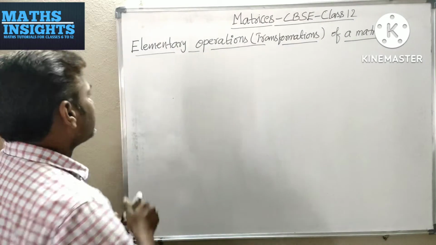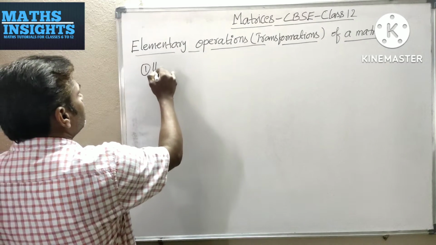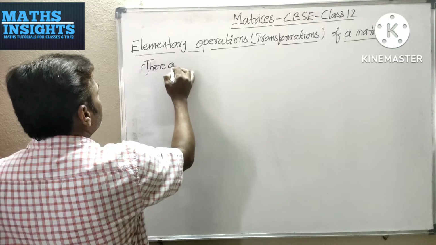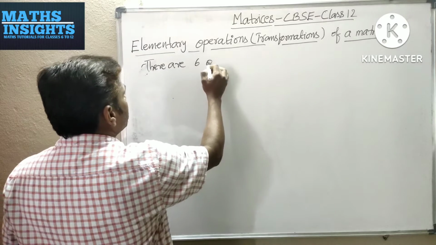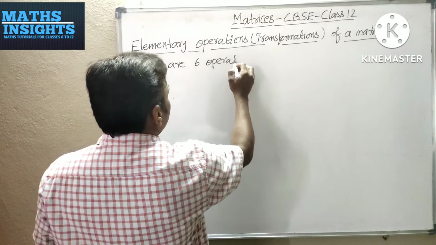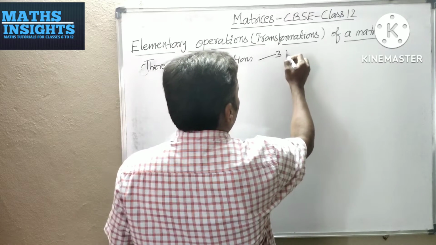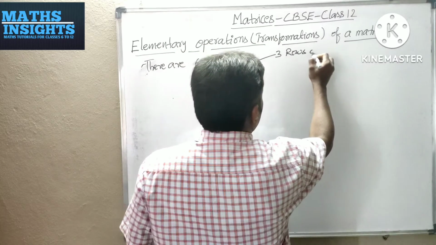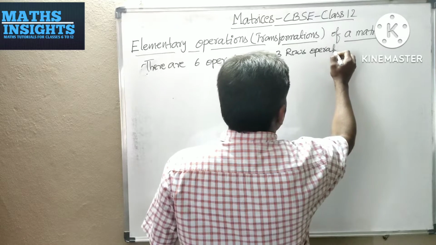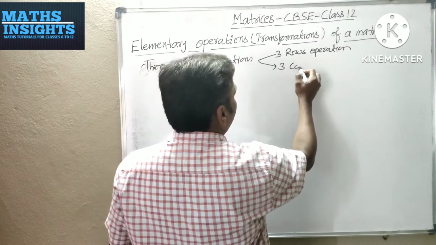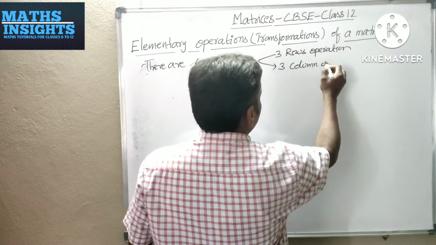There are 6 operations: 3 row operations or transformations, and another 3 are column operations.